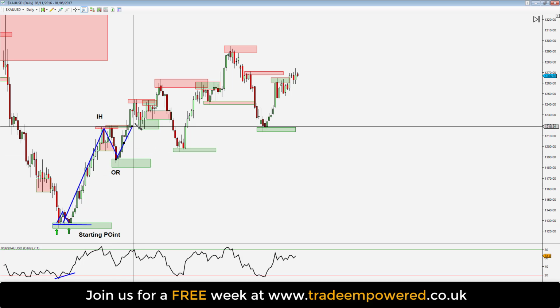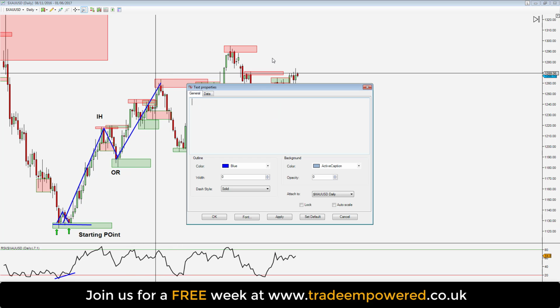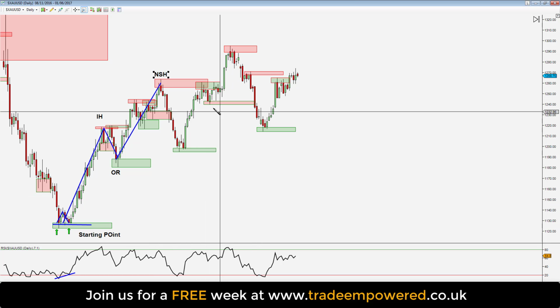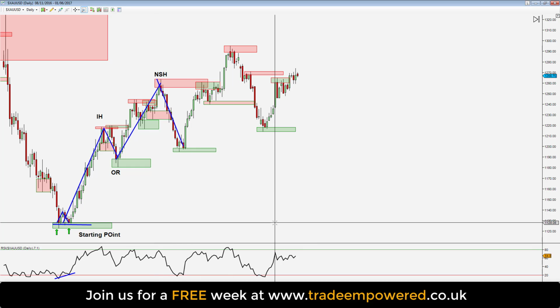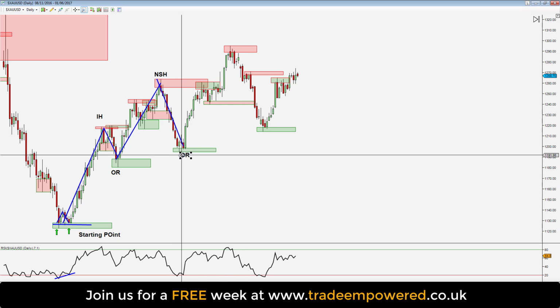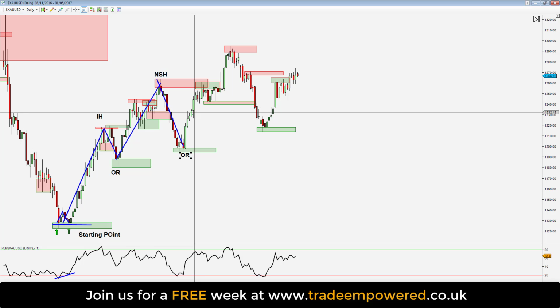Followed by some consolidation in here, but we had a new structure high. We then follow that up with a new outside return, and remember the outside return is valid until it breaks and closes below the previous outside return, in which case we may see a rotation or reversal.